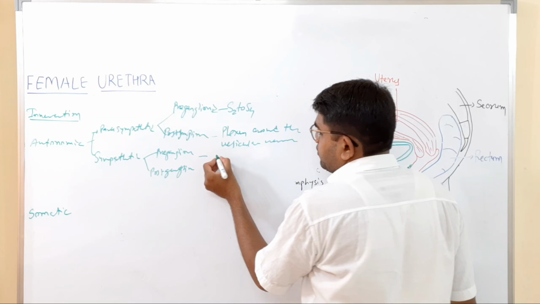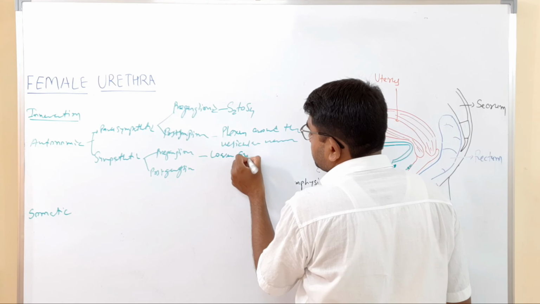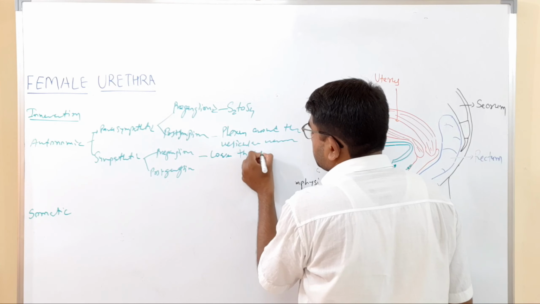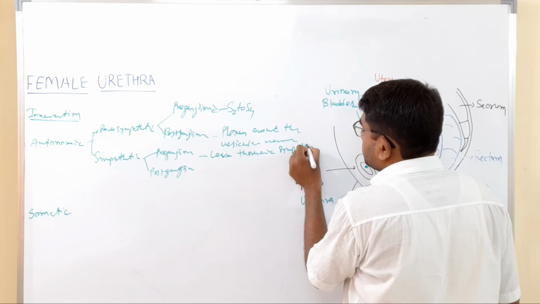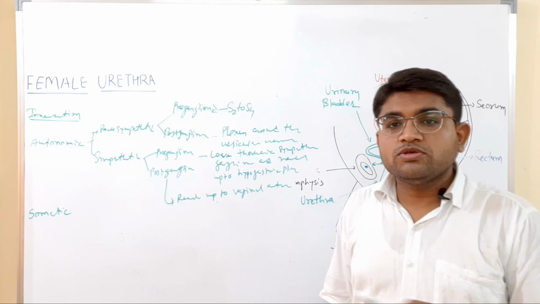So sympathetic, the preganglionic fibers are from the lower thoracic sympathetic ganglion and reach up to the hypogastric plexus, and from that the postganglionic fibers arise and reach the vaginal arteries, and along with the branches of the vaginal arteries they reach the urethra, okay.